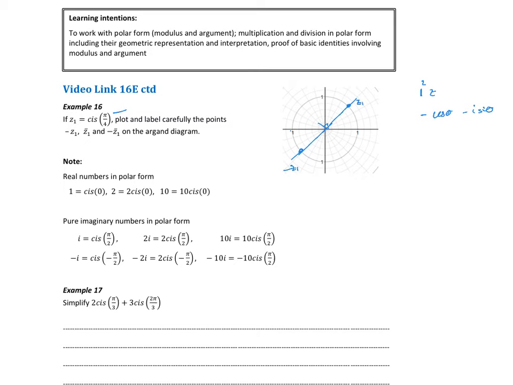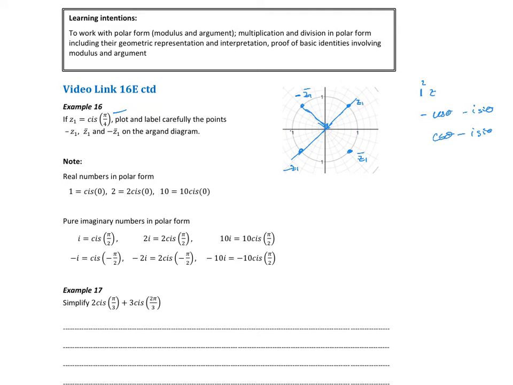The conjugate of Z1 is just cos theta minus i sine theta, which is going to be down here, Z1 bar. And in the same way, if we multiply that Z1 bar by negative 1, it's like rotating 180 degrees, negative Z1 bar up there.